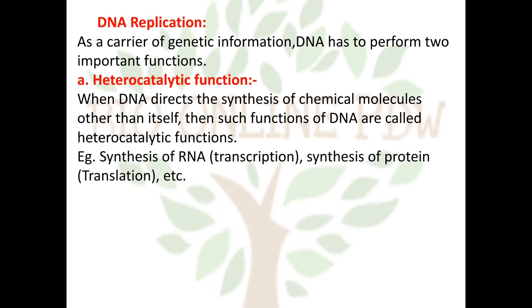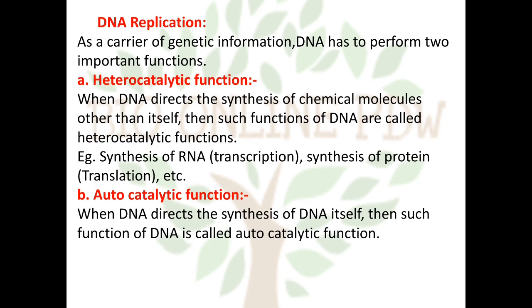For example, synthesis of RNA by transcription, synthesis of protein by translation, and so on. The second function is the autocatalytic function. That is, when DNA directs the synthesis of DNA itself, then such function of DNA is called autocatalytic function. For example, replication of DNA, replication of the self molecule, is called autocatalytic function.